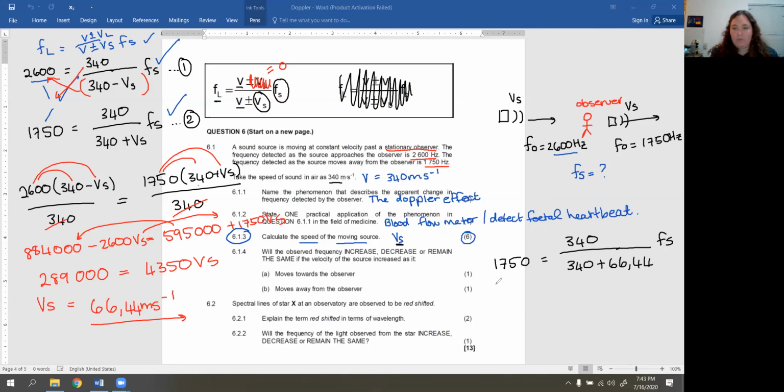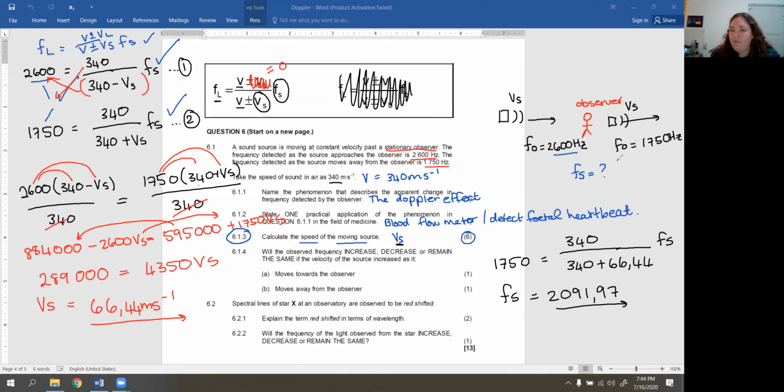Quickly working this out, 1750 times (340 plus 66.44) divided by 340, I get that the frequency of the source is 2091.97. That wasn't asked, but it's important for us to consider it.